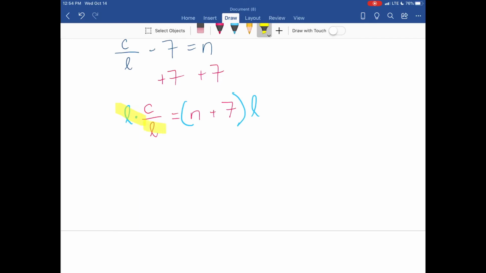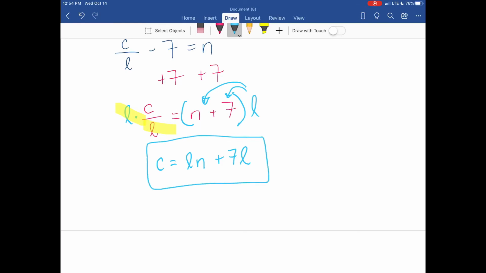So when we do that, those L's cancel, which is nice. That gives us C. And here, I'm then going to distribute the L to both terms on the right side of my equation. And that leaves us with C equals Ln plus 7L.